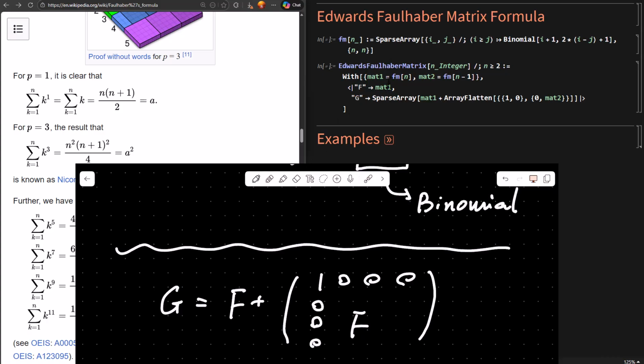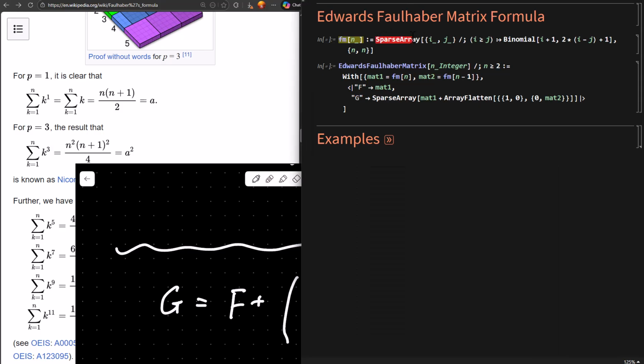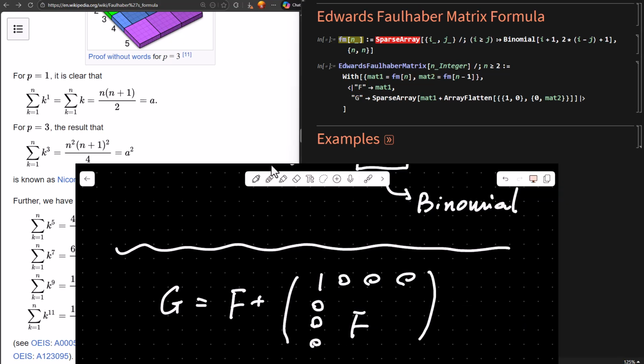The function we use for the matrix is called SparseArray. It's quite clear that we only need at most half of the matrix to be filled, and the rest, the upper triangle, is simply zeros. So sparse matrix or SparseArray is a really good choice here.